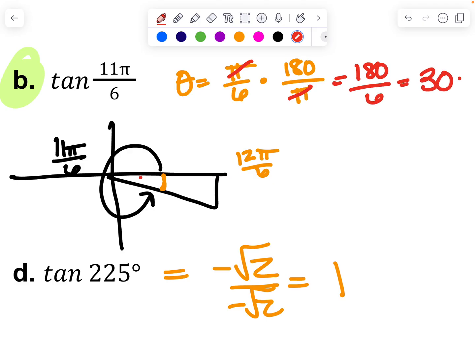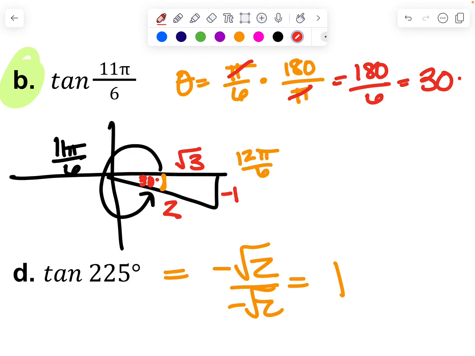That tells me that this is a 30-degree angle, which means that y distance is going to be a -1 because we're in that fourth quadrant. This x distance is going to be a √3, and my hypotenuse is going to be 2, right? And a point in the fourth quadrant has a positive x distance and a negative y distance.